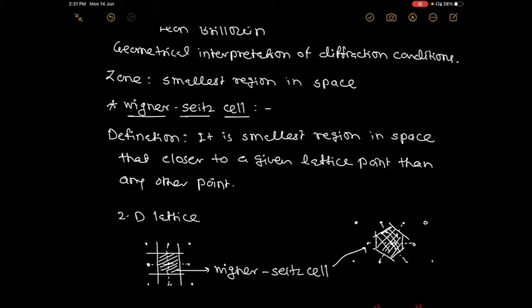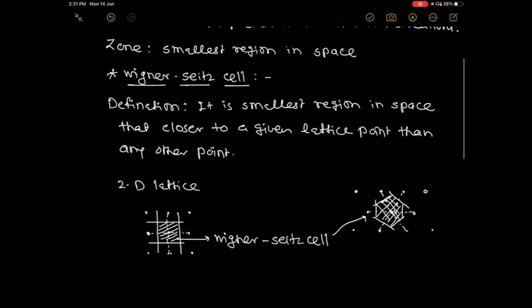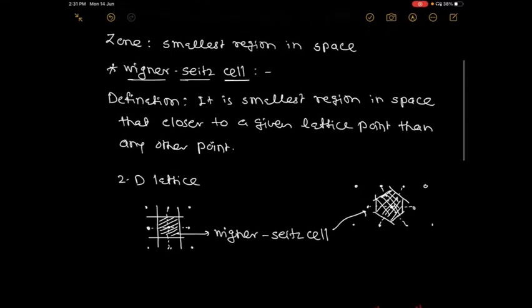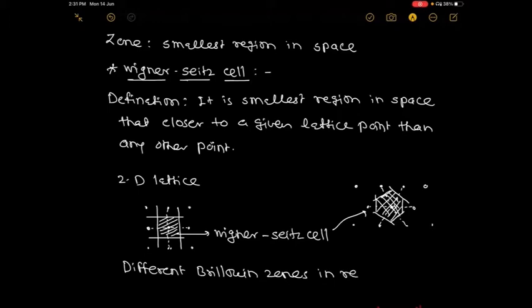Hence, we are finding how to construct the different Brillouin zones in the reciprocal lattice.